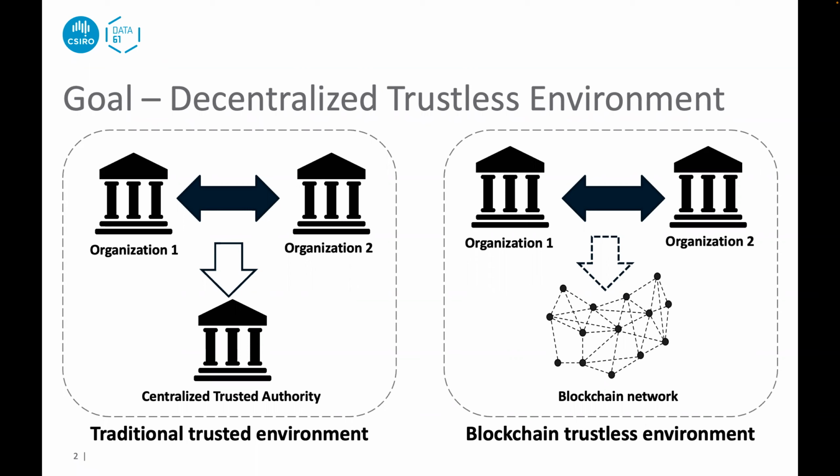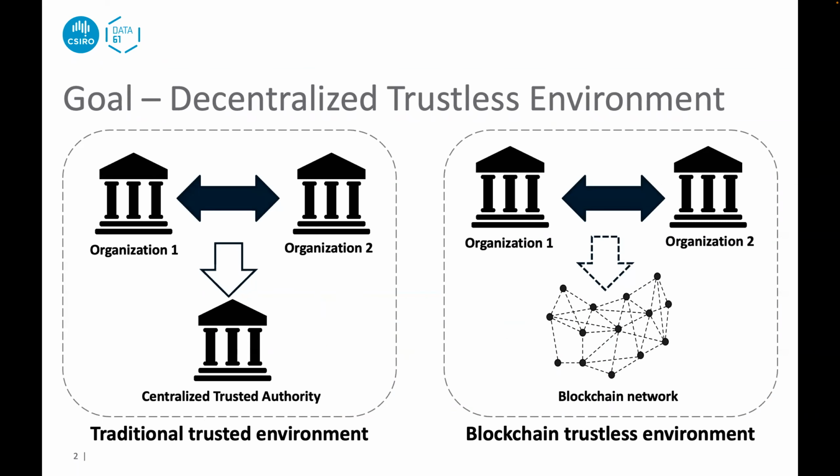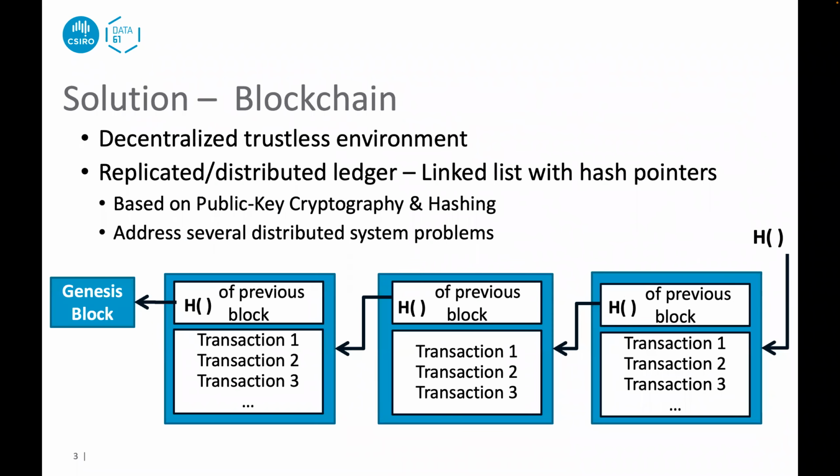What I'm really going to talk about is how this is formed today, and some of the things around that. Now, how you get this trustless environment is through the idea of a blockchain. This is not the only way to do it, but it seems to be one of the most comprehensive, most acceptable ways of doing this.